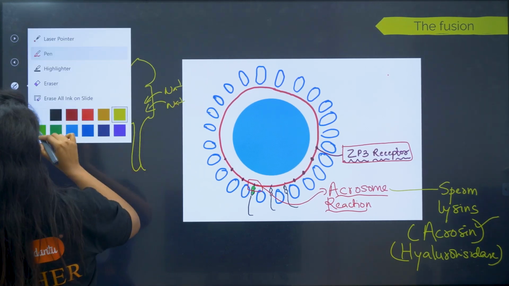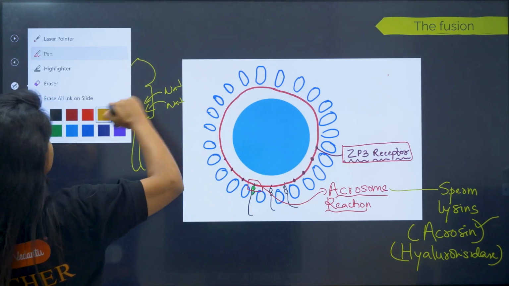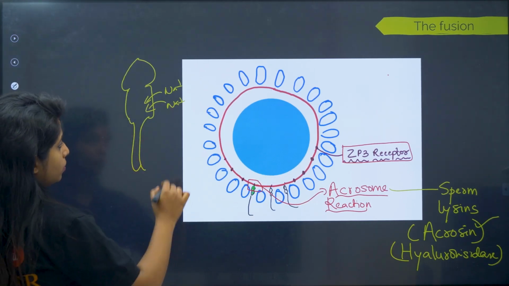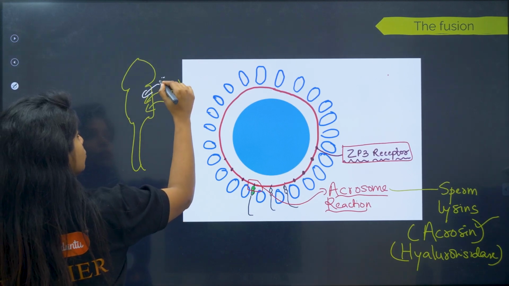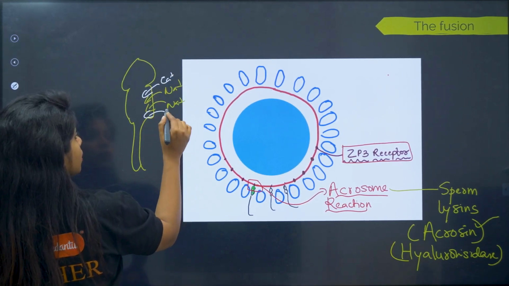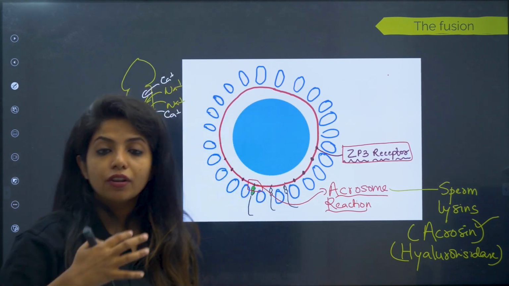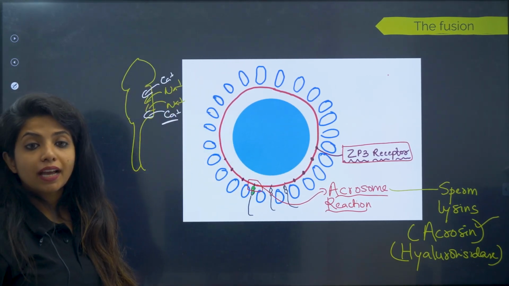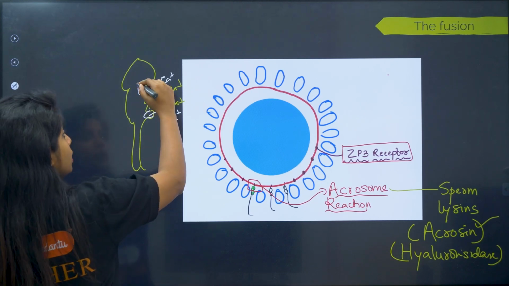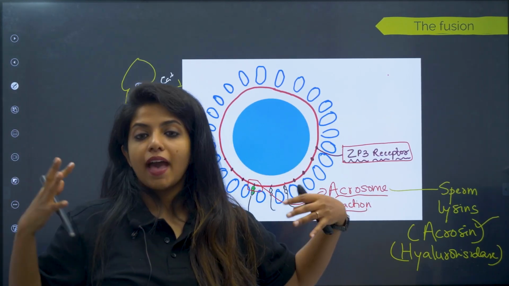Once the sperm reaches the point near the secondary oocyte, it also leads to influx, the entry of calcium ions. Now this calcium ion is the one that initiates the process of acrosome reaction, or the breakdown of the acrosome.